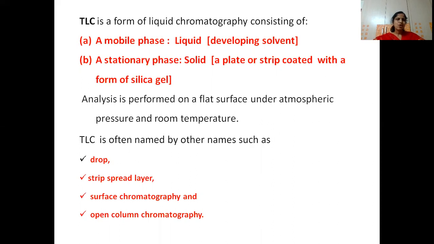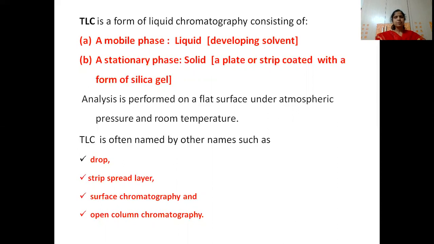So why is it the drop method? Here we can load the sample with the help of a capillary tube, and it is in the form of a drop that we are loading the sample onto the stationary phase. Then it is strip spread layer, because the stationary phase can be spread as a strip, that is as a uniform layer on a glass plate.